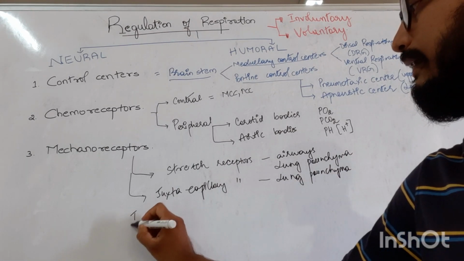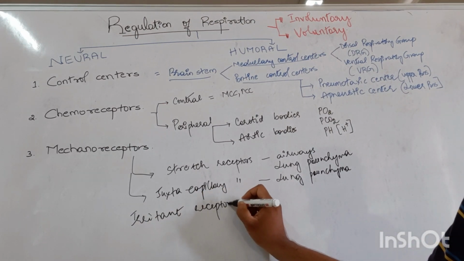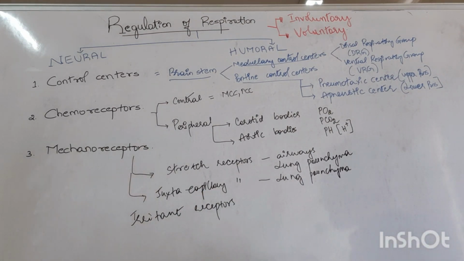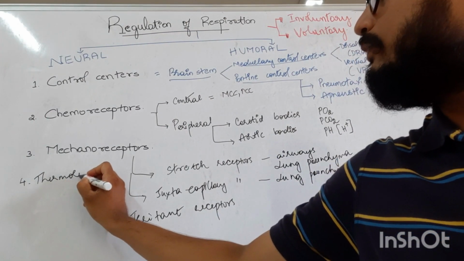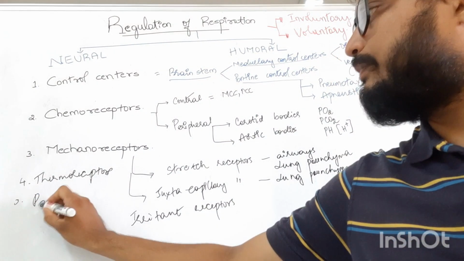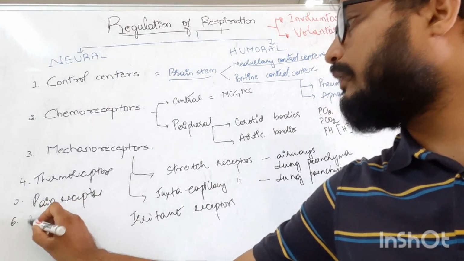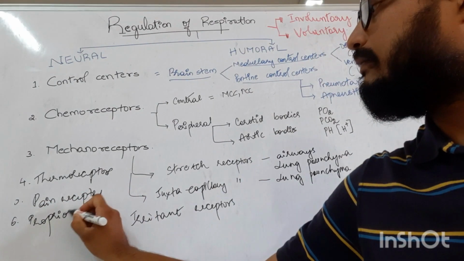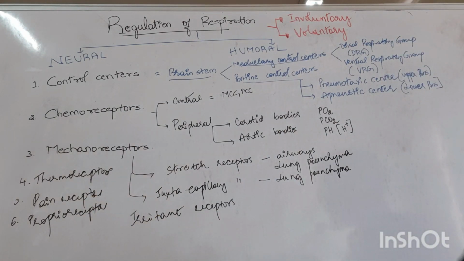There are also juxtacapillary receptors, which are also present in the lung parenchyma, and some irritant receptors. They are present all over the respiratory apparatus. We also have the involvement of thermoreceptors, which detect the change in temperature. Even the pain receptors can modify the respiratory rate, and most importantly, the proprioceptors, the receptors which detect the position of your body, also have an effect on the regulation of respiration.